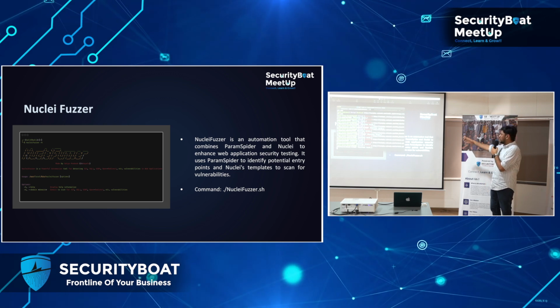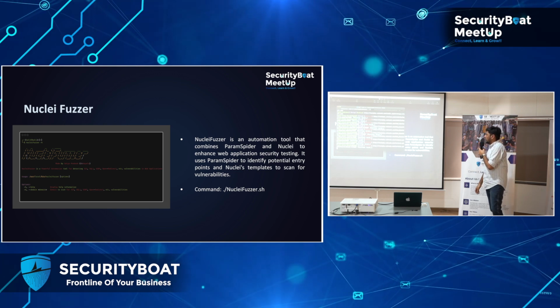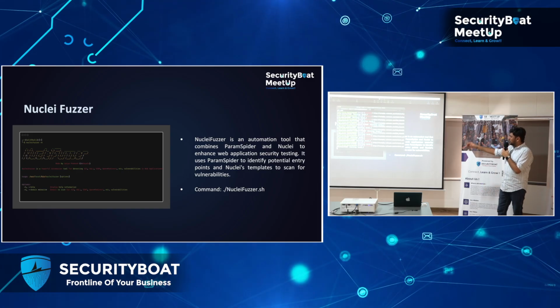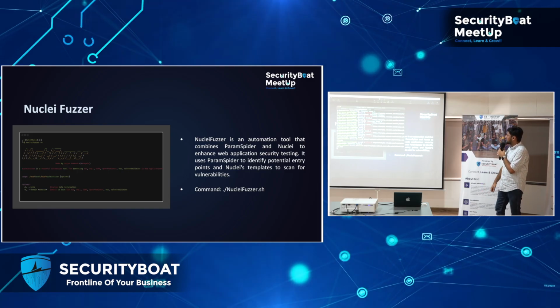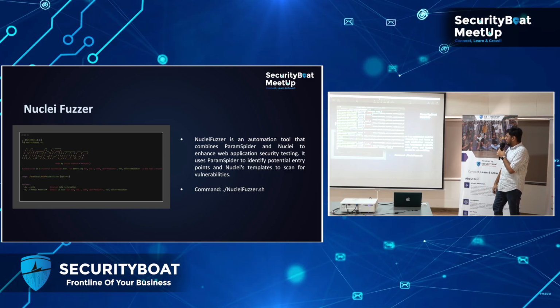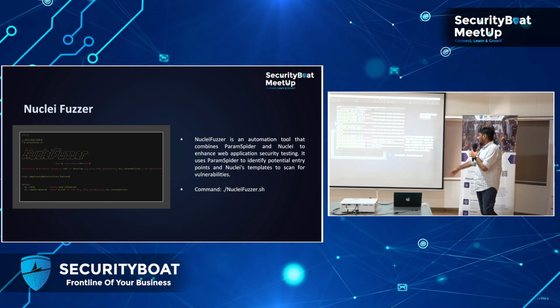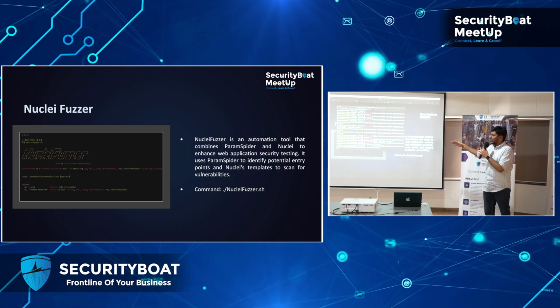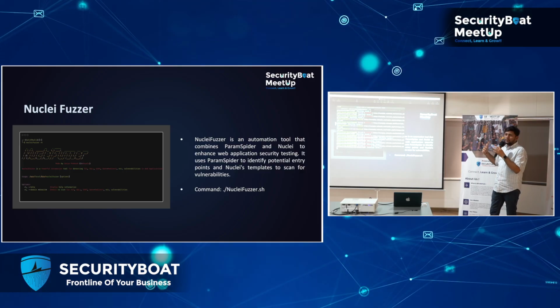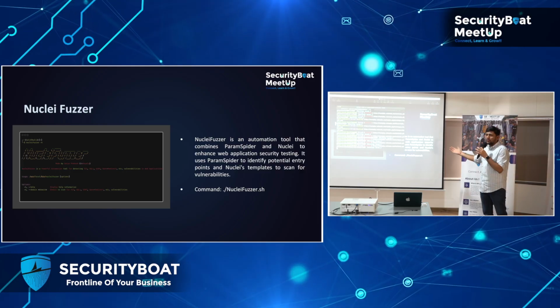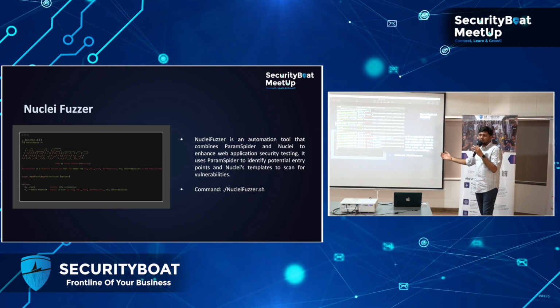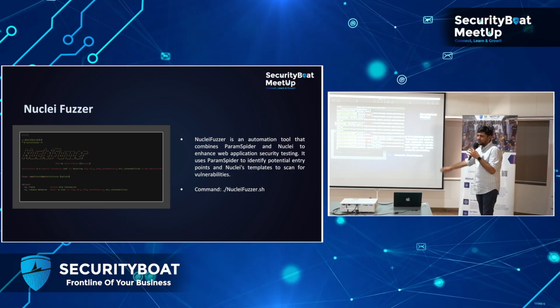It has started fuzzing for parameters. You can see buy.php, rate.php, and a lot of different things present over here. Certain things keep popping up again and again, but those can be avoided. You can maybe use something called unique to sort all of these out.